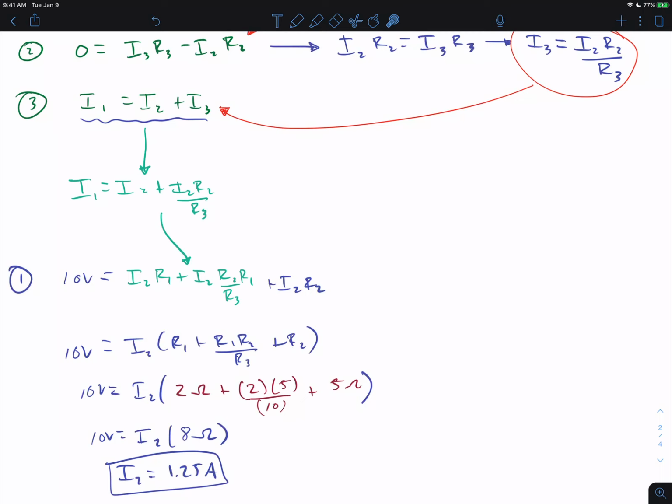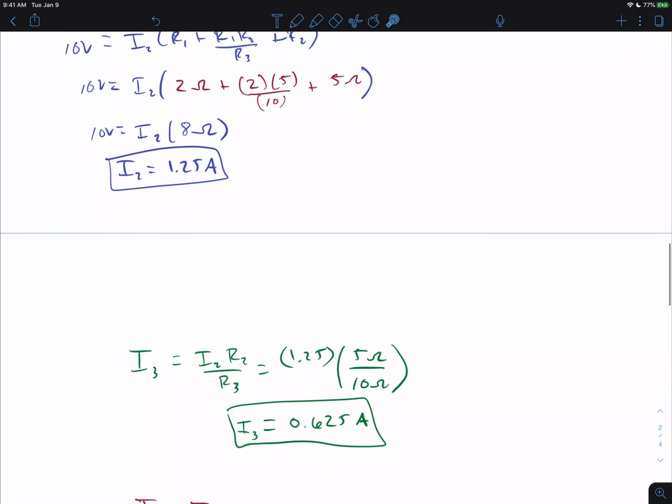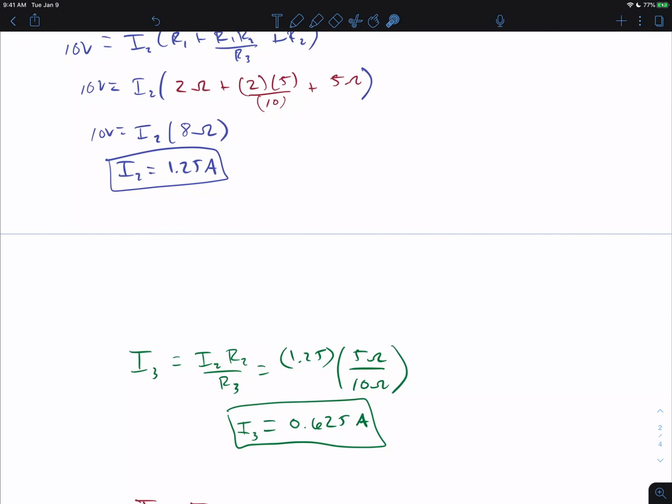Great. Now that I have that, you can start to work backwards. Well, if I know I2, I can plug this in here and figure out what I1 is, right? And I can figure out here what I3 is, right? So here in this case, I went first to figure out I3.